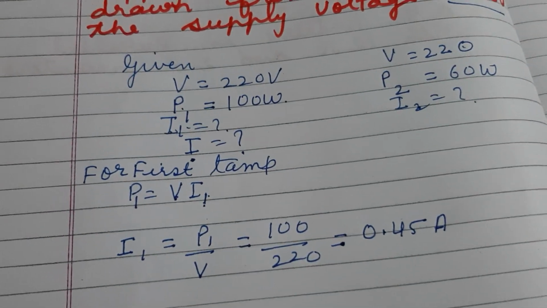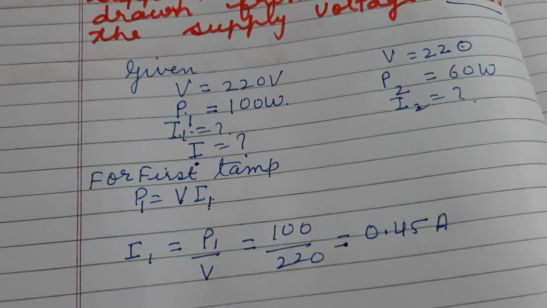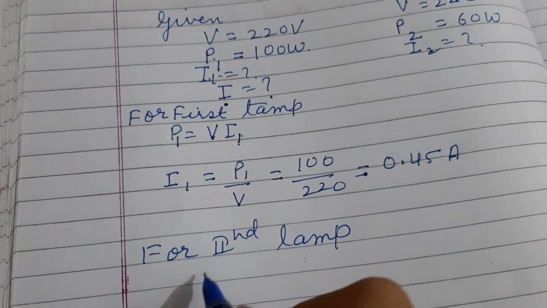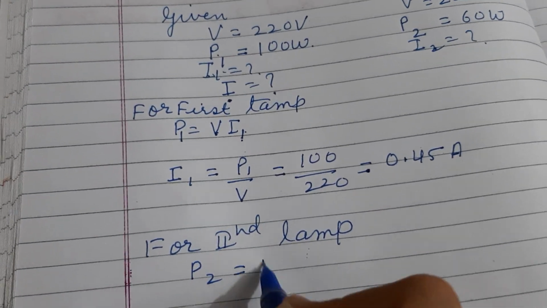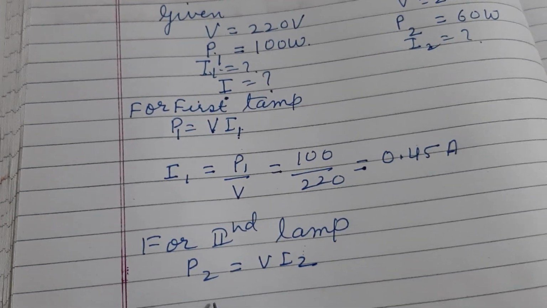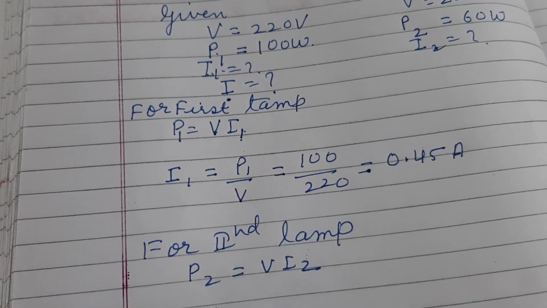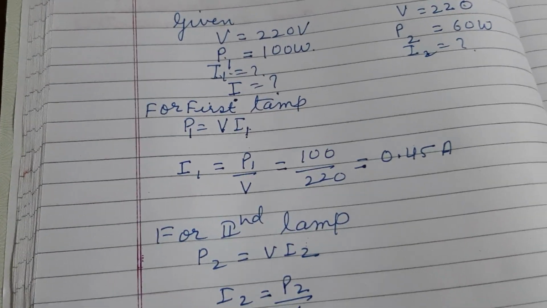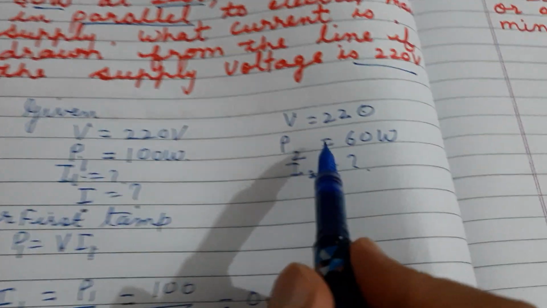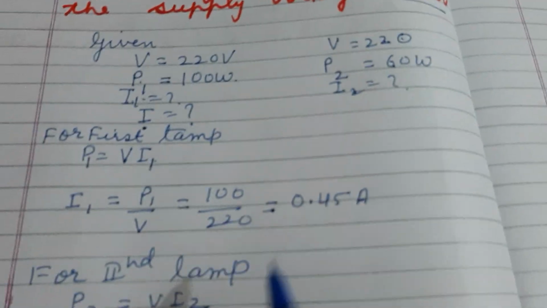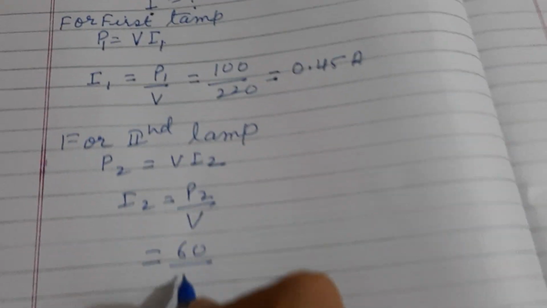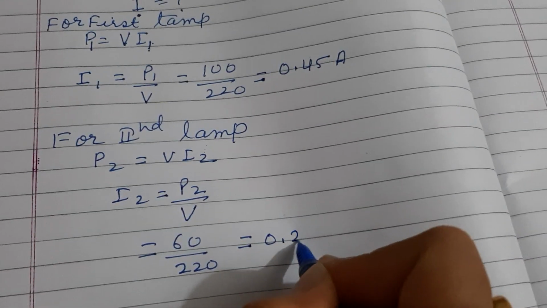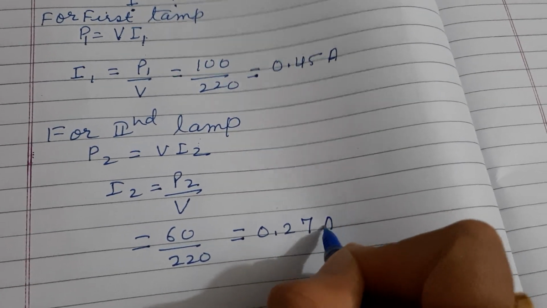Now for the second lamp, P2 = V I2. Again, I2 = P2 upon V. P2 is 60 and V is the same, so 60 upon 220, which is 0.27 ampere.